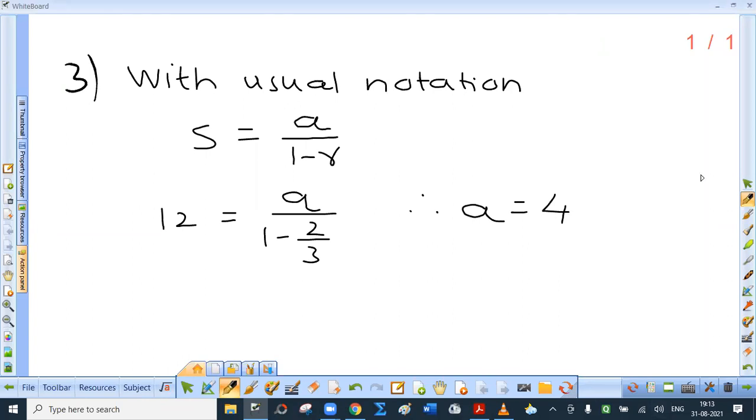Now what is your opinion about sum number 4? Let me read the sum for you. If the first term of a GP is 16 and its sum to infinity is 96 by 17, find the common ratio. I think data are inconsistent. What do you say?